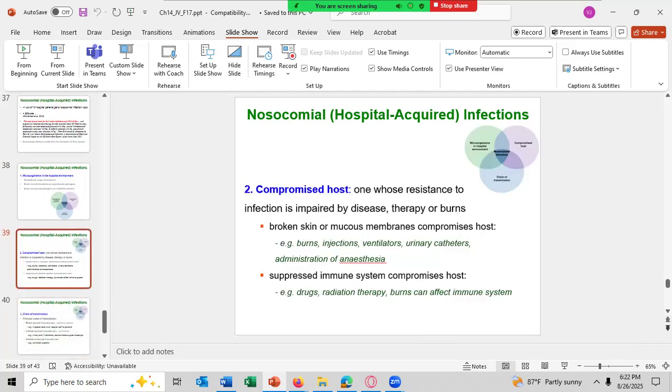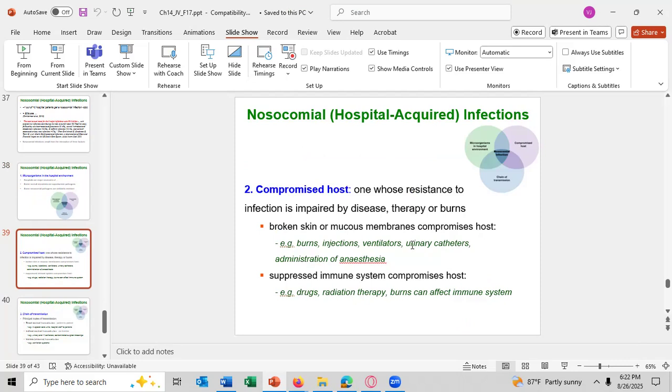All right. The second reason why nosocomial infective agents happen in a hospital or hospital-like environment is the patient is often compromised. One whose resistance to infection is impaired by disease, therapy, or burns.